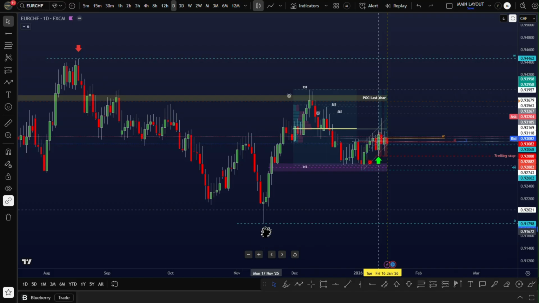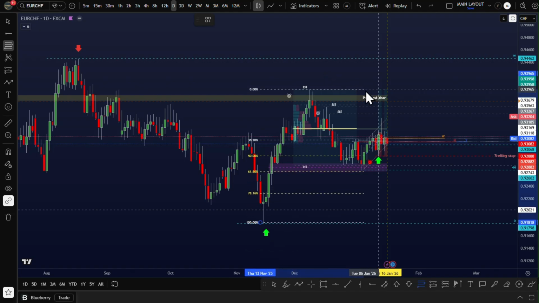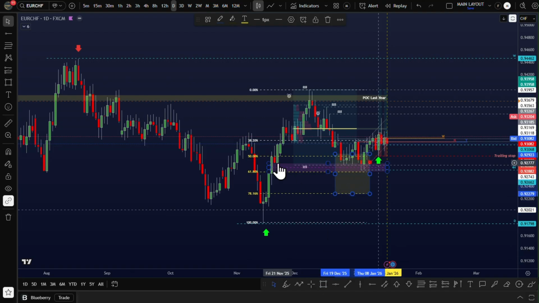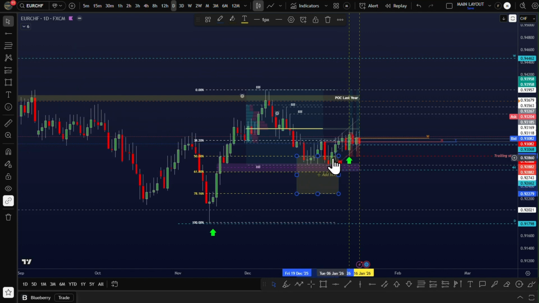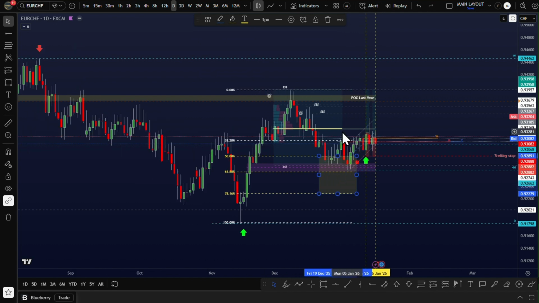I was expecting price to return into the discount zone to take my entry. The discount zone is between these three yellow lines. This is where I want to find my entry to take a buy.